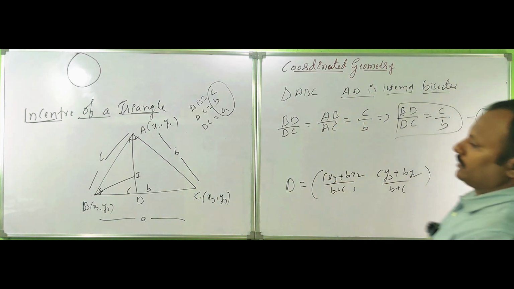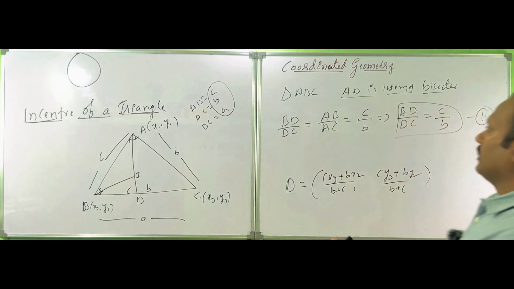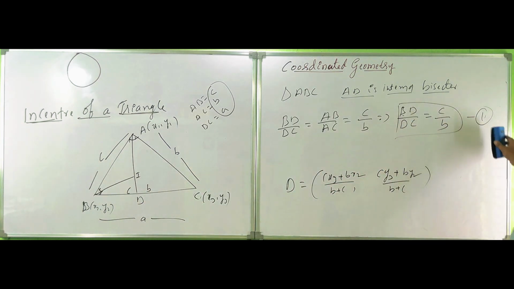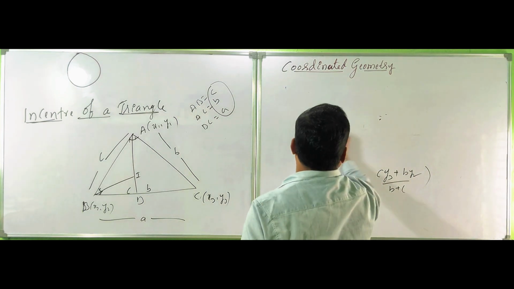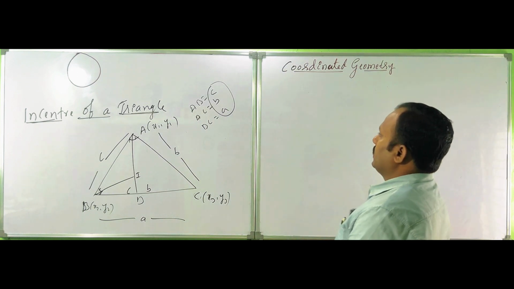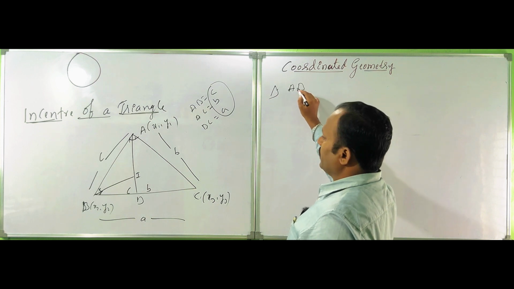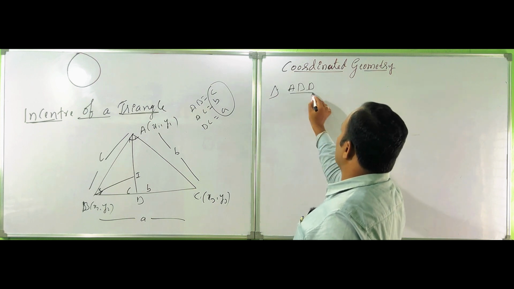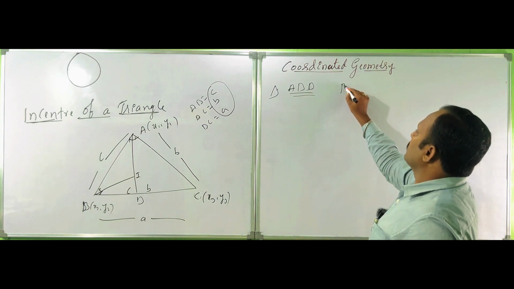Here, in triangle ABD, BI is the internal bisector.